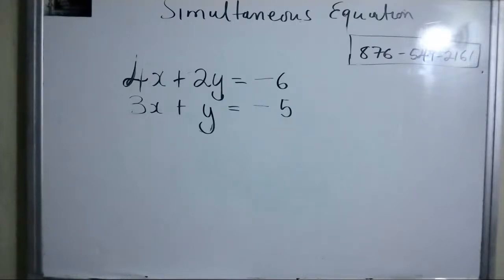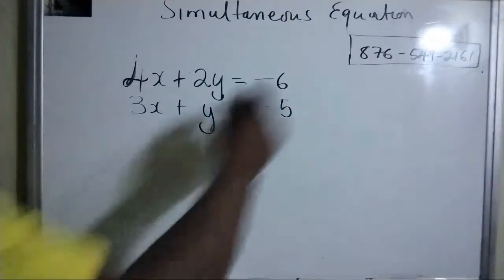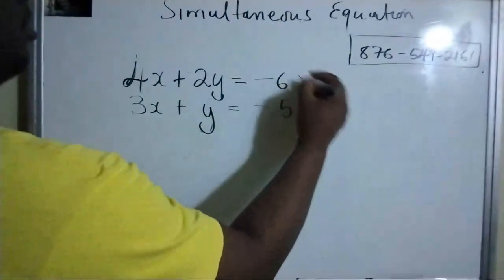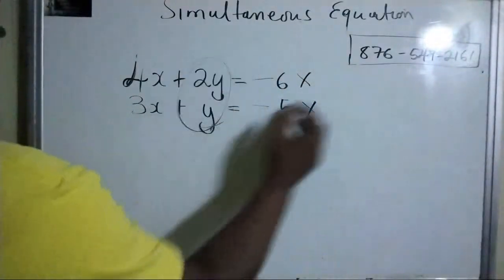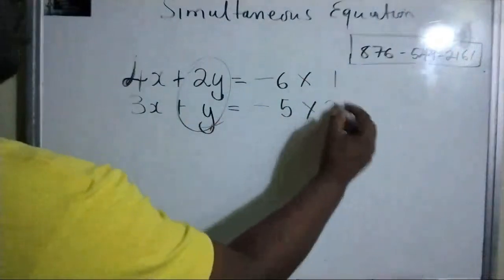Alright, so I'm going to show the solution. We are going to go through it now, guys. Remember, this can come on CSEC, you know. So we're going to multiply by 1 and 2. This one by 1 and this one by 2.